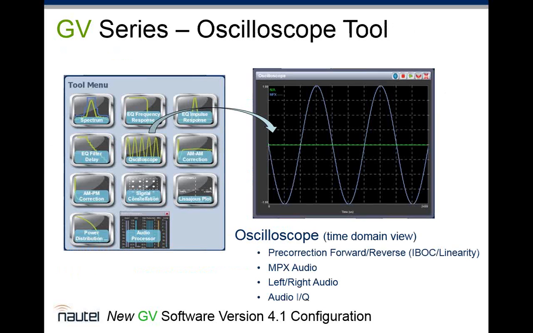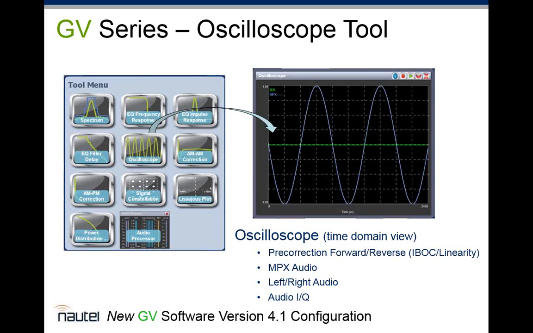So next up, the oscilloscope, and we've been playing with that. We actually saw it in action. So the advantages of this, I mean, we plan on expanding this feature even more, which I look forward to. But it really just gives a time domain view of pre-correction forward reverse signals if you're in IBOC mode.